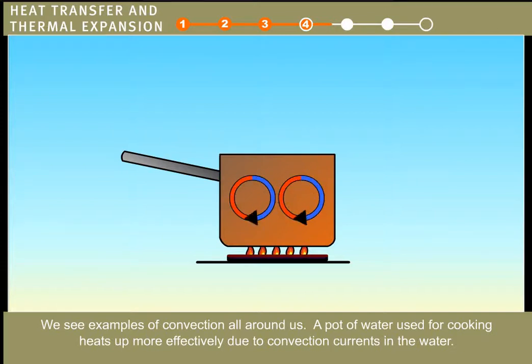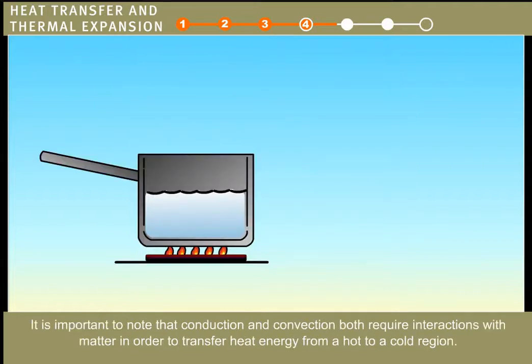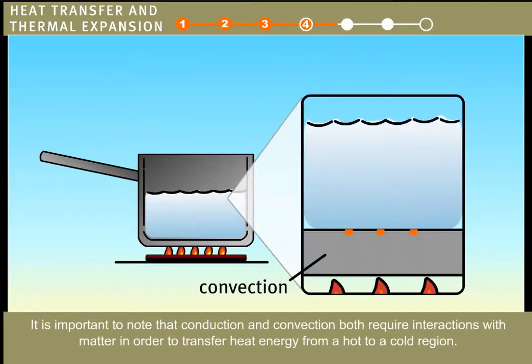A pot of water used for cooking heats up more effectively due to convection currents in the water. A furnace heats a home more effectively by forcing a convective cycle through the use of a fan and hot and cold air registers. It is important to note that conduction and convection both require interactions with matter in order to transfer heat energy from a hot to a cold region.